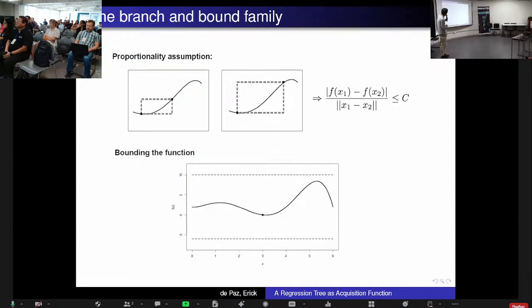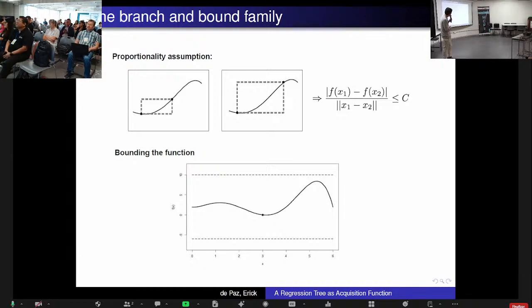These methods are based on the following hypothesis. For a small difference in the domain, there corresponds a small difference in the codomain. This simple idea can be formalized in the following expression. The vertical difference divided by the horizontal difference is bounded by a constant.